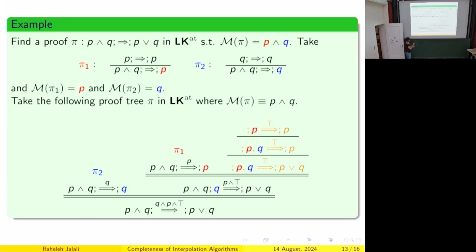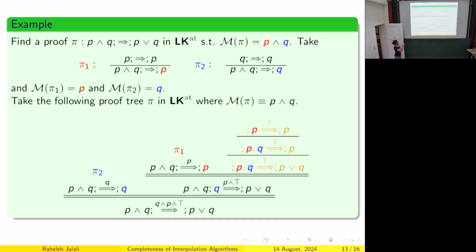Let's look at the example. This is my A, P and Q, and this is my B, P or Q. And my C is P and Q, so it is in CNF. If it's not, I first write it in conjunctive normal form, and I look at each conjunct. Here I have two conjuncts, P and Q. Since A implies C is valid, A implies each of these conjuncts is valid.